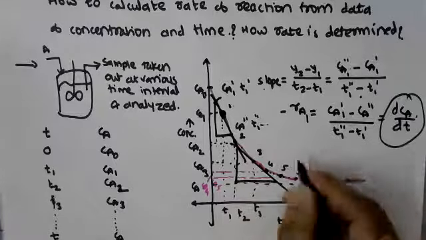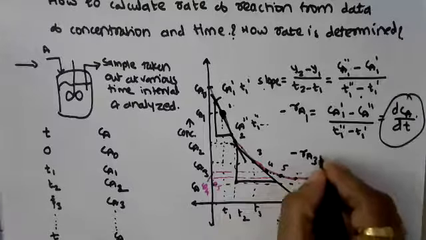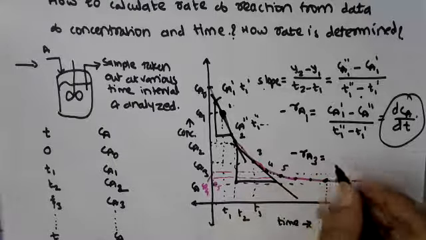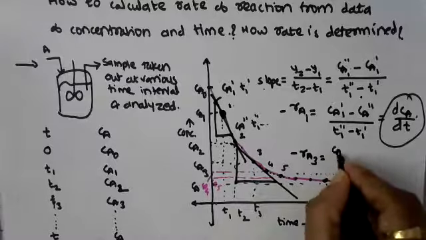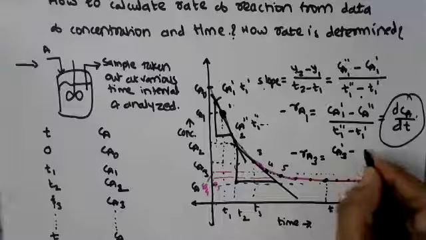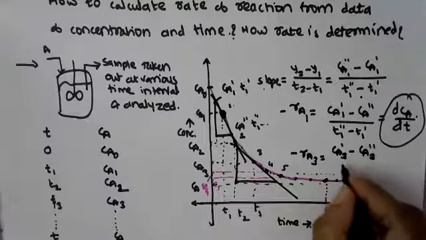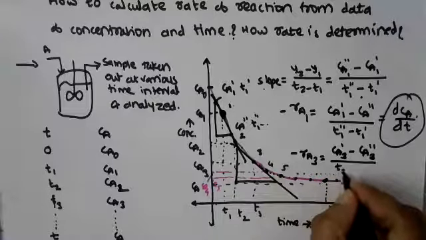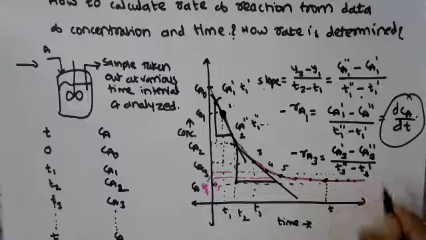On the same line, minus Ra3 will be equal to, using the analogous thing, Ca3 single dash minus Ca3 double dash divided by t3 double dash minus t3 single dash.